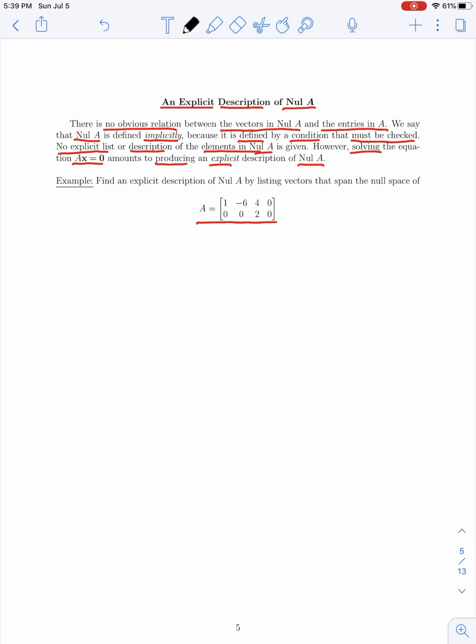If we're interested in determining the null space, the first step is to solve the homogeneous equation AX equals the 0 vector. So let's write that equation as an augmented matrix.